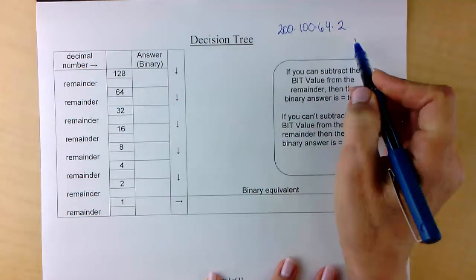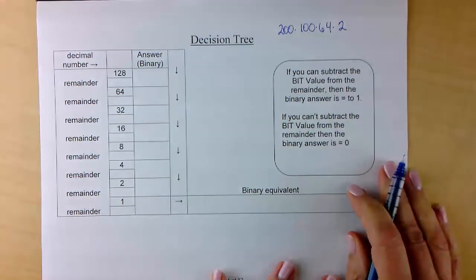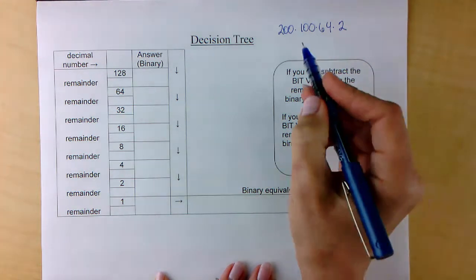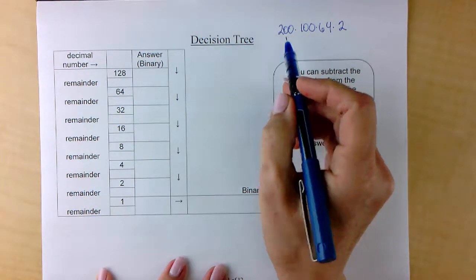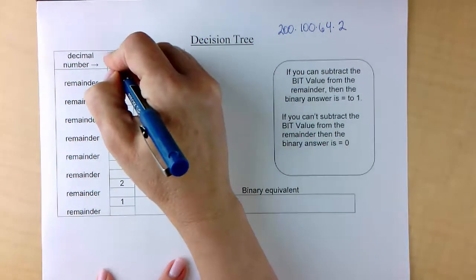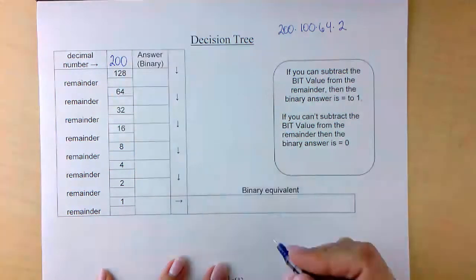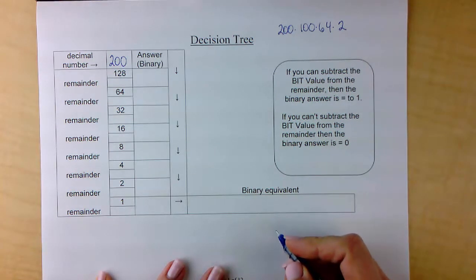These are the decimals, so we have to convert that to binary. The way we would use this chart is we'll take the decimal value of 200 and write it in here, because the number 200 is what we have to convert to binary.